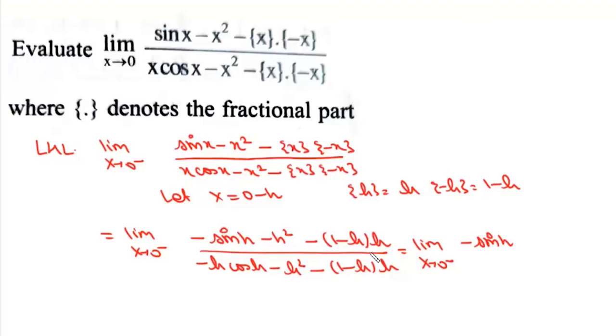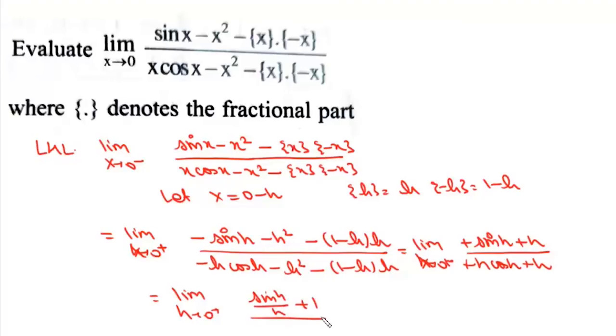Now this is minus h upon minus h cos h minus h. Now we'll cancel this minus. Now we can write this as limit h tends to 0 positive sine h upon h plus 1 divided by 1 plus cos h, which is 2 upon 2, that is 1. So the left hand limit in this case is 1.